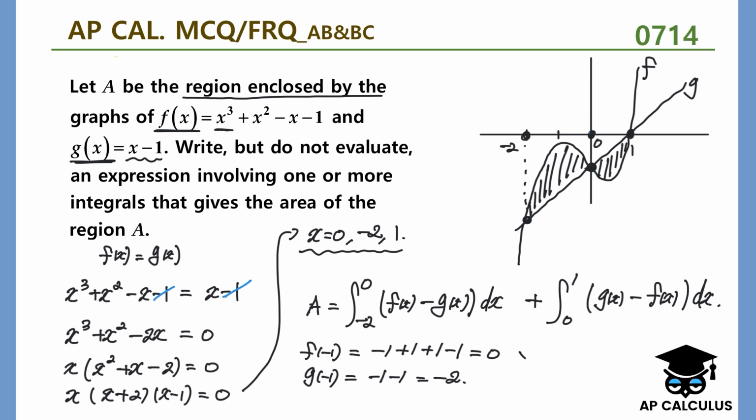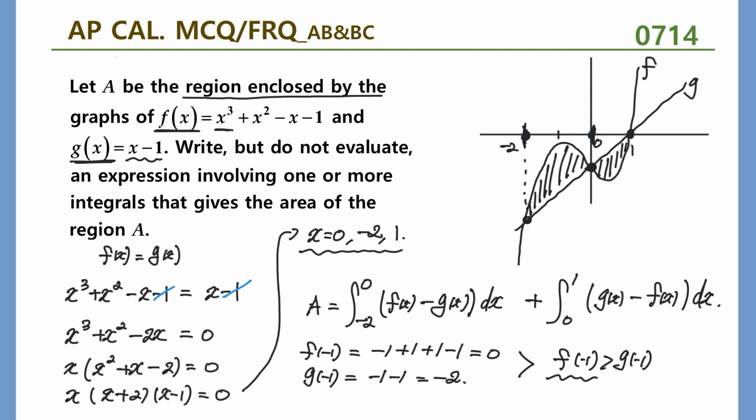So we know that in this interval, from -2 to 0, f of -1 is greater than g of -1, right? Which means f is upper curve, right? In the interval from 0 to 1, plug in 1/2. Then we will know that g of 1/2 is greater than f of 1/2, right?